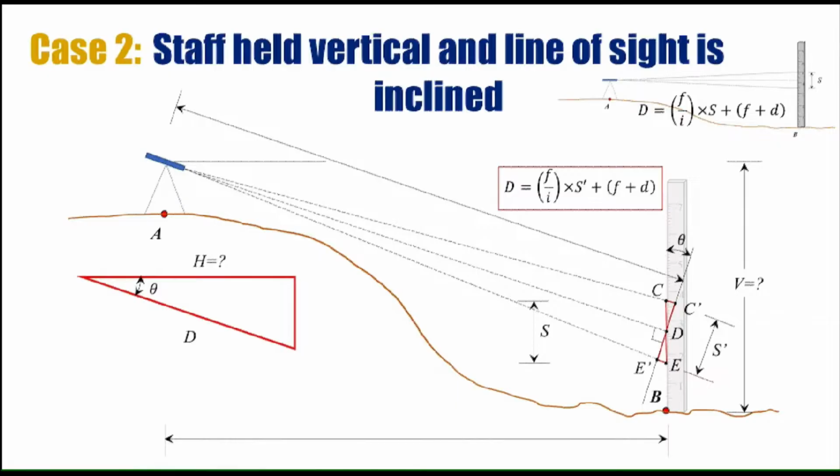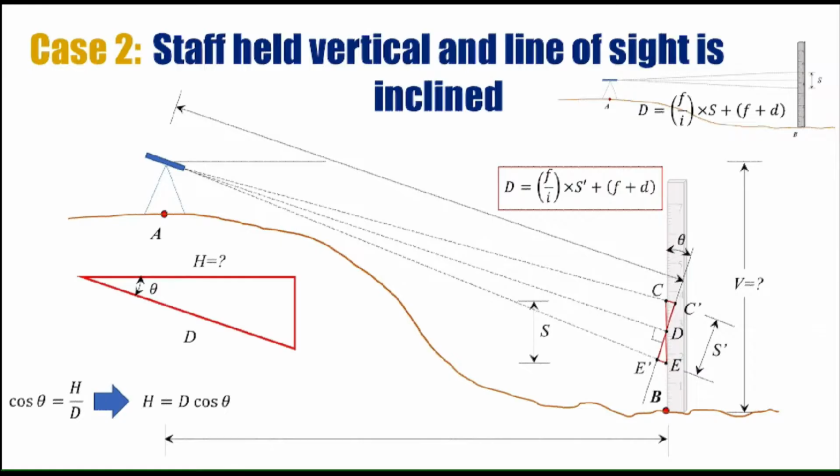So we need a relationship between h and d. Since h is the base and d is the hypotenuse, we need to use a trigonometric relationship that has base and hypotenuse, and that is cos theta. So cos theta is equal to h over d, and by cross multiplying we have h equal to d cos theta.